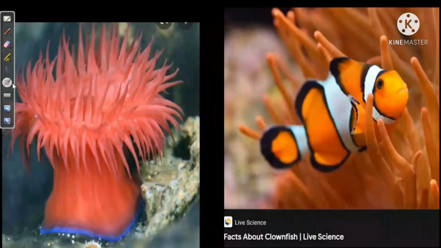Another example of commensalism is the relationship or the interaction between sea anemone, which is belonging to phylum Coelenterata. So they have these tentacles that emit toxin. And this is a fish called clownfish.